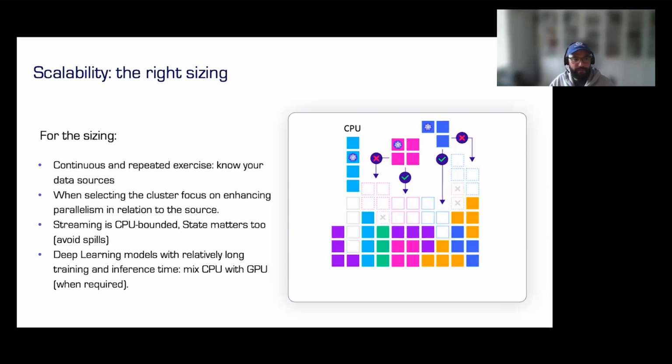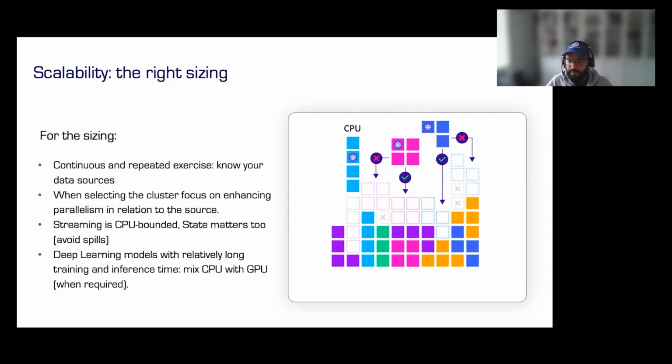Focusing on parallelism in relation to the source, as I said, is really something that matters in our case. It helped a lot to figure out how to best configure our cluster and the application itself, the Spark configuration level. So remember that streaming is CPU or compute bound, but in our case, where you're doing stateful approaches, state matters too, to avoid spills.